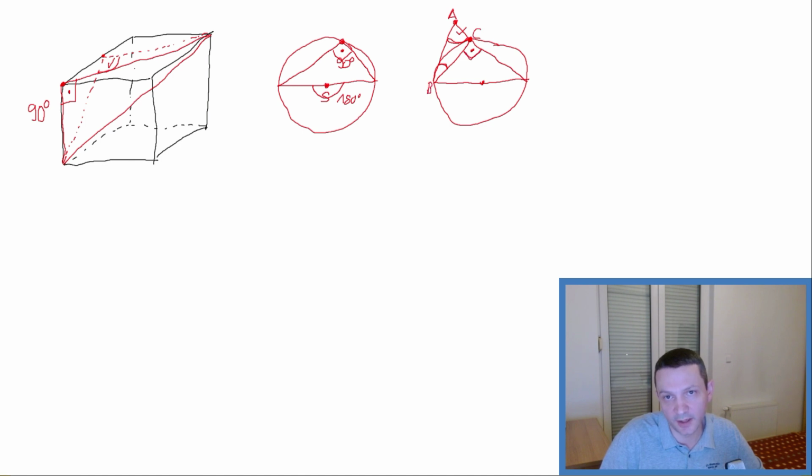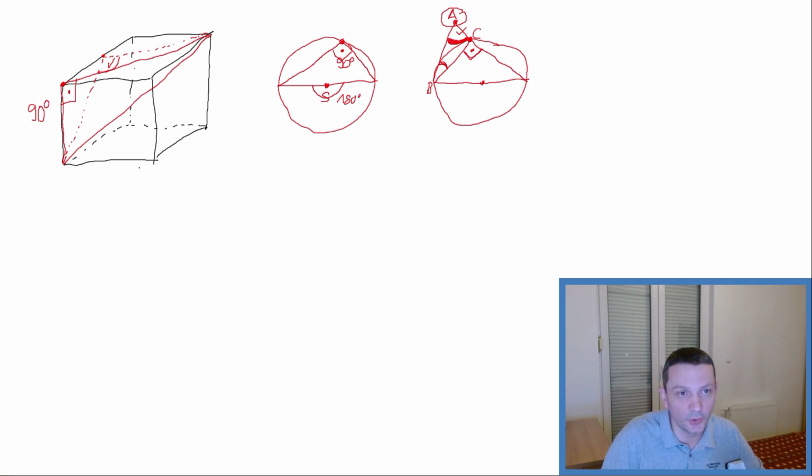So the outside angle of the triangle is the sum of the other two angles in the triangle. So for the point outside of the circle, this will be a pointed angle, which is less than a right angle, less than 90 degrees.